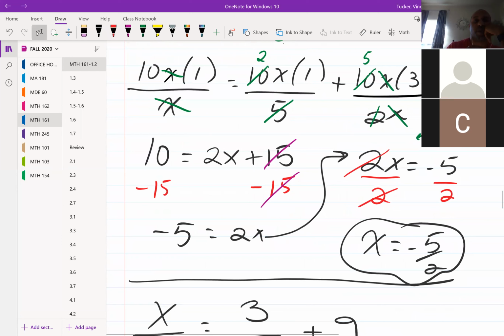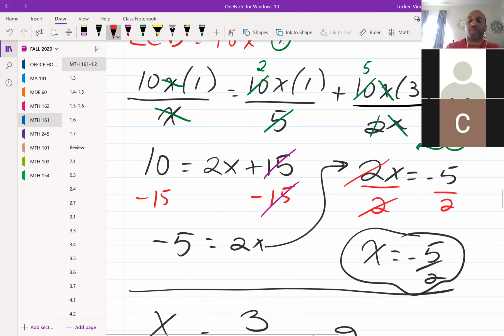Or even if you wanted to write positive 5 over negative 2, those are the same thing. It's just that this negative normally is up top. Understood. Thank you, Professor. Not a problem. As long as you don't have negative 5 over negative 2, then that would be different, because negative over negative would be positive.